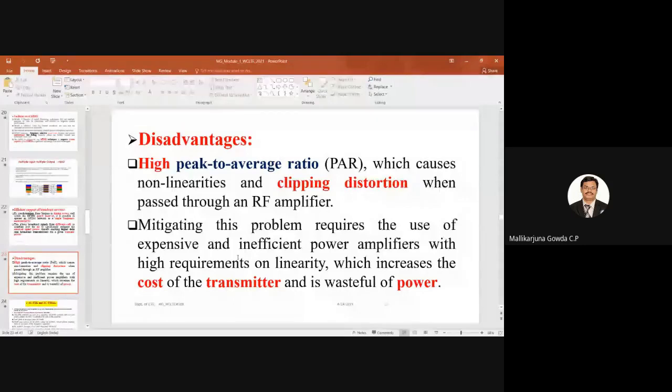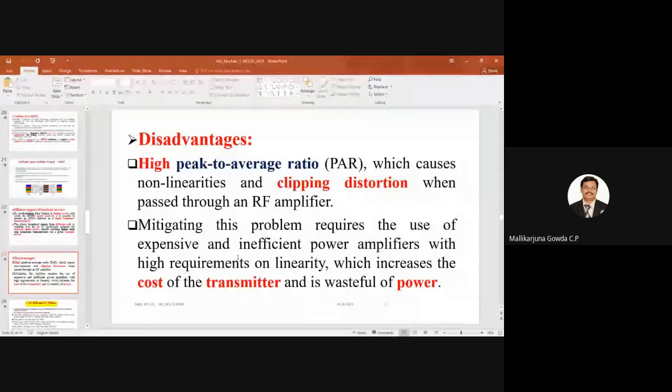It causes non-linearities and clipping distortion when passed through an RF amplifier. So by having high peak to average ratio, what is the difficulty? It leads to non-linearities and clipping distortion when that signal is passed through an RF amplifier.